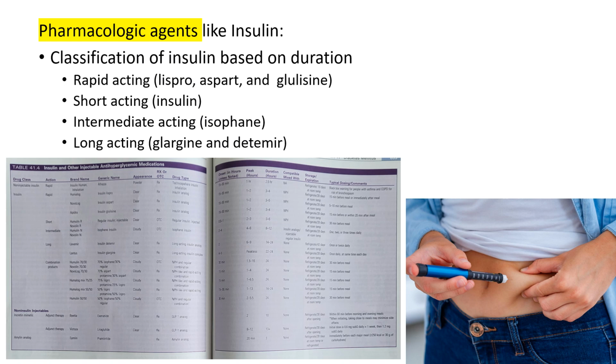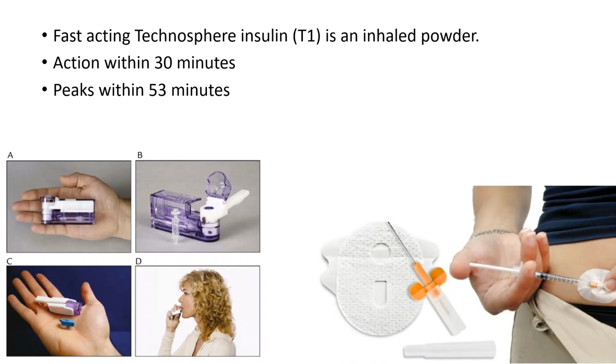We have a fast-acting insulin. We have a short-acting insulin that might only last a few minutes. We have an intermediate-acting insulin that might last for a couple hours. And we have a long-acting insulin. So there's different types of insulin. And some of them are injectables, and some of them are powders that you can inhale, as illustrated by the lady in the image to the left.